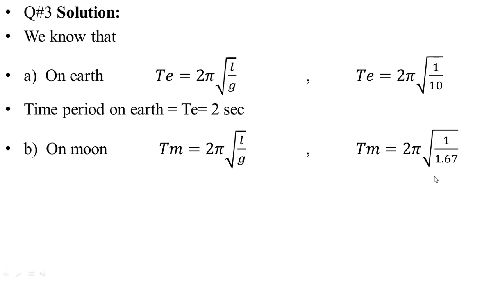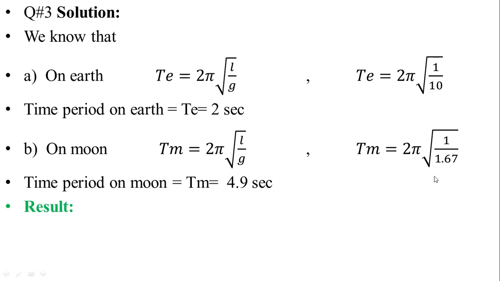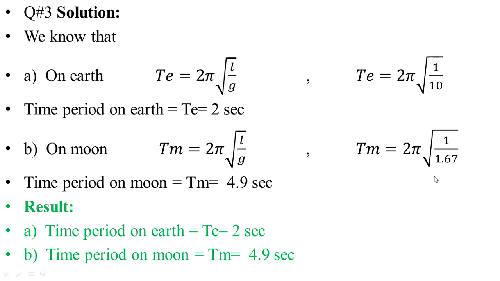Then TM is equal to 4.9 seconds. The final result: time period on the surface of earth TE is equal to 2 seconds and time period on the surface of moon TM is equal to 4.9 seconds.